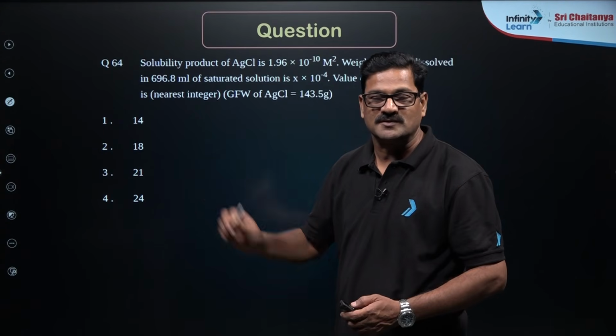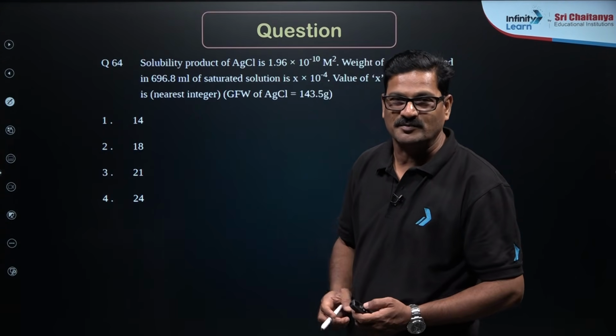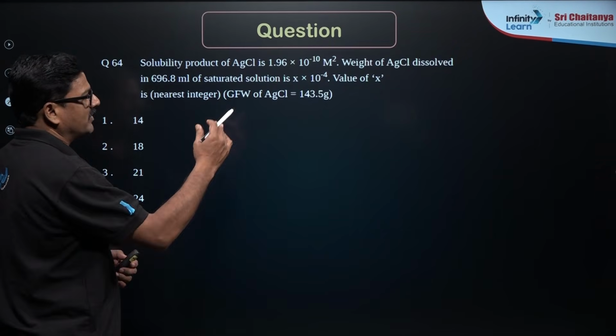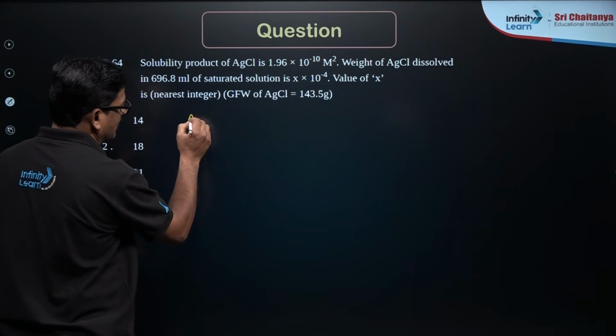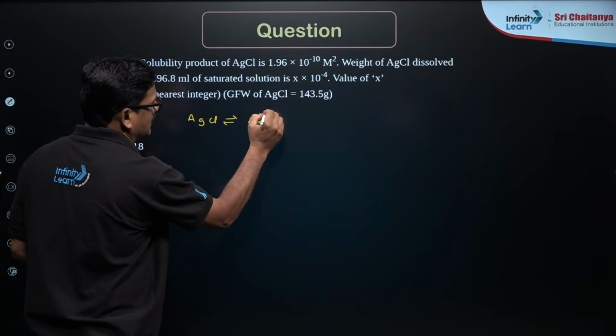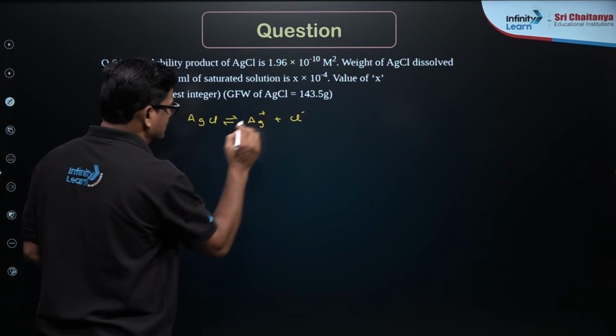Students, this question is on solubility and solubility product. The solubility product of AgCl, 1.96 into 10 power minus 10, is given. AgCl at equilibrium is going to give us Ag plus and Cl minus.